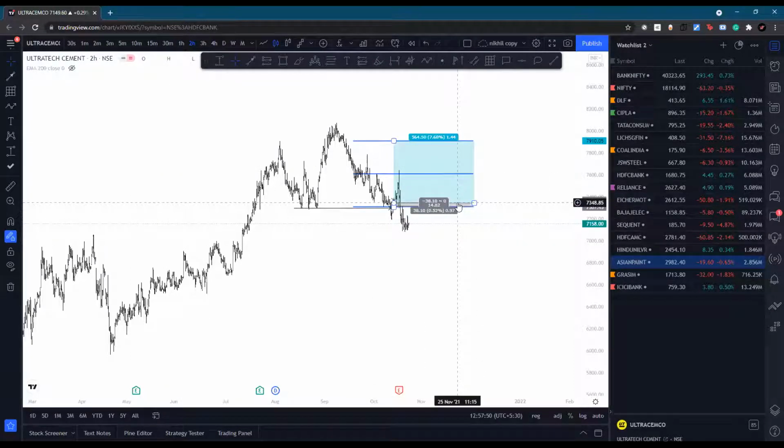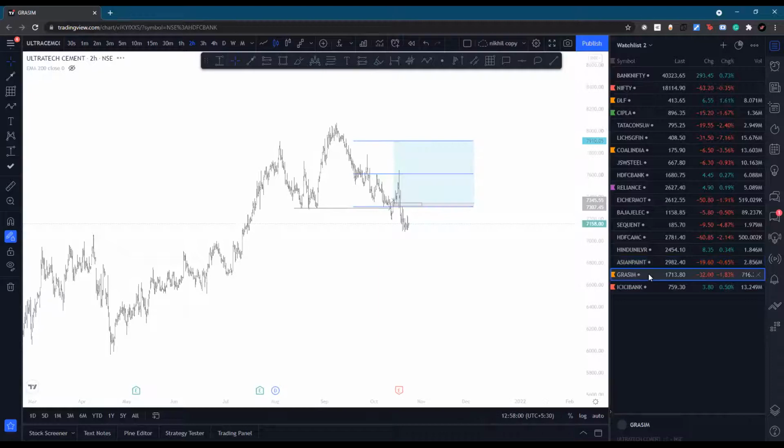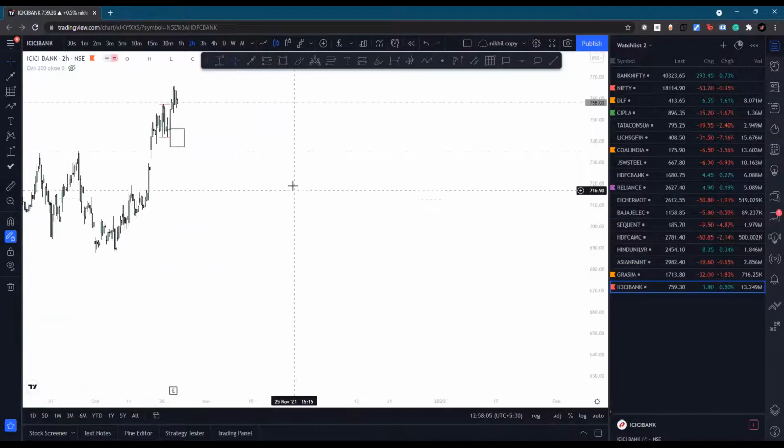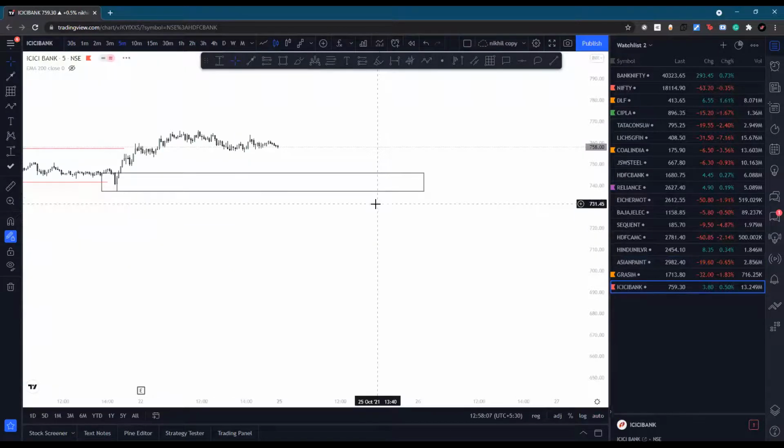Yeah, 37,400. PEL. We have completed the analysis on Glenmark and ICICI Bank. ICICI Bank, let's see.